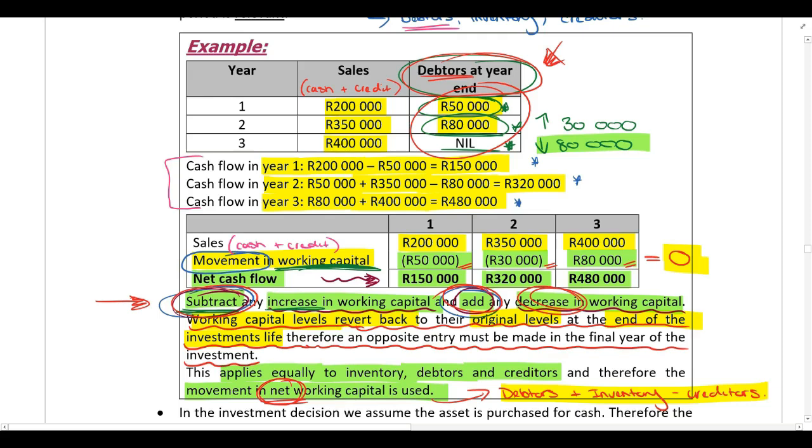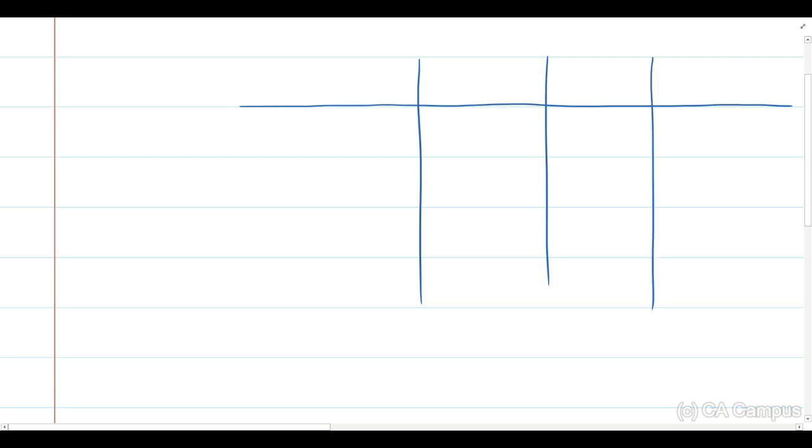Now, we have already discussed the logic behind debtors. I also just quickly want to discuss the logic behind taking into account the movements in inventory and also the movements in creditors. Guys, if you look at your calculation, you're going to draw up a table for the investment life. And let's say we are looking at a 3-year investment.